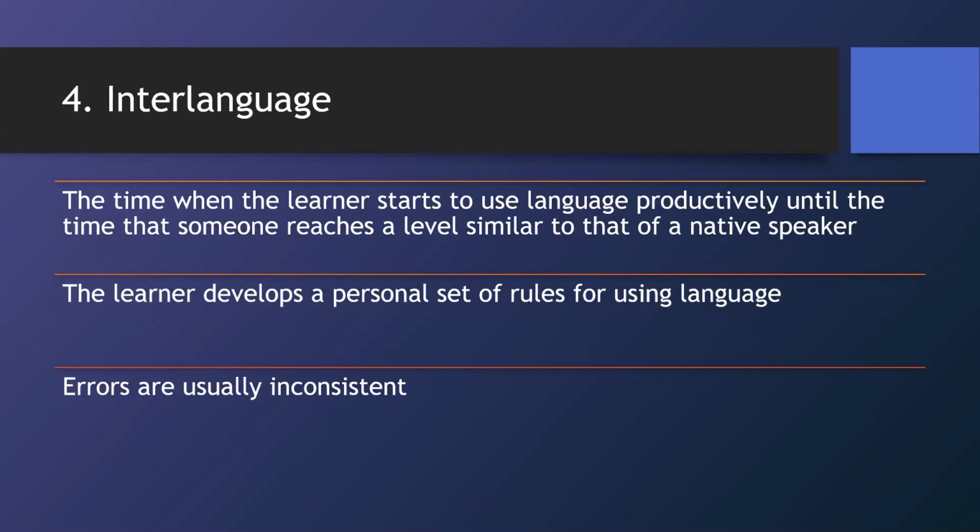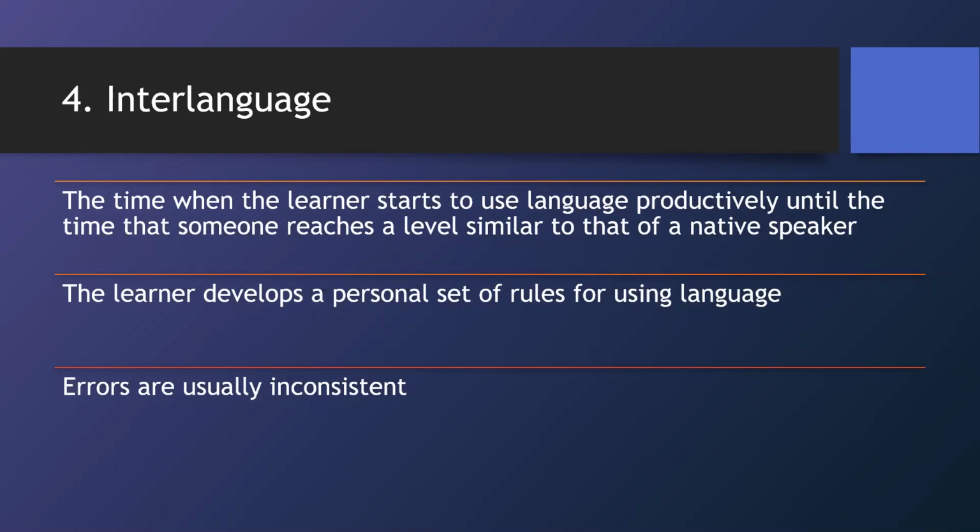One of the things that does happen is that as we learn languages, whether we're learning them formally or informally through immersion, we kind of figure out our own rules as to how things work.